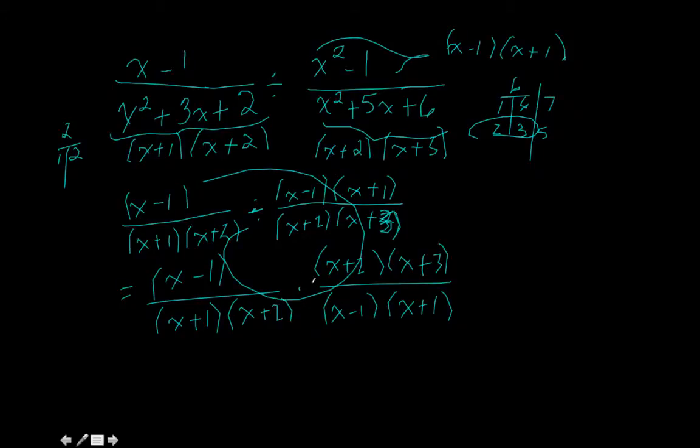Now I can go ahead and start canceling, because we know there's a times, and since I've put parentheses on everything, I can make that longer now, because that's what happens when you multiply across. So now I can cancel these two as long as x isn't 1, and I can cancel these two as long as x isn't negative 2, and I still have these left, but really x still can't be negative 1 because I can't divide by 0.